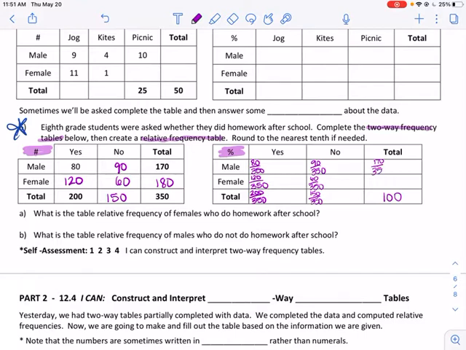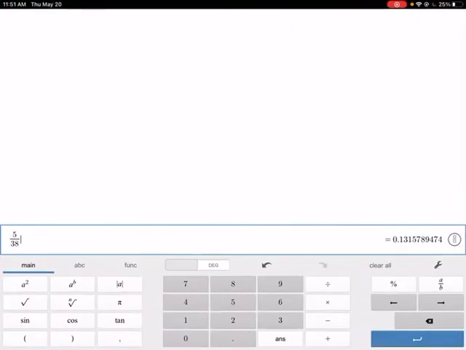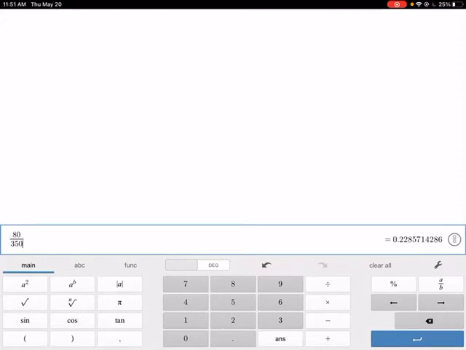350, 180 divided by 350. Okay, so now we have all of those numbers. Now we're going to find our percents by dividing. Okay, we have 80 divided by 350 is 0.228. Now remember, to find the percent, you could multiply by 100. Oh, that didn't work out very well. Hang on.